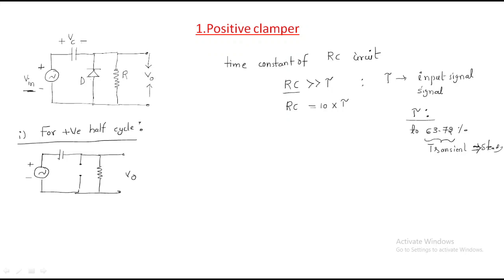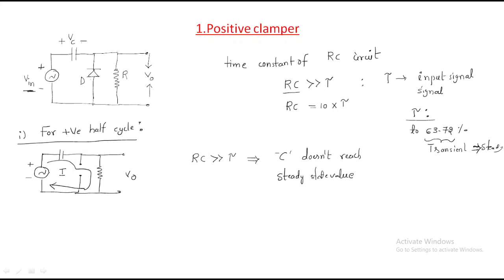Now, if you observe here, the current will flow through the resistor, and the circuit time constant RC is very much greater than tau. That's why the capacitor doesn't reach the steady state value, the peak value.